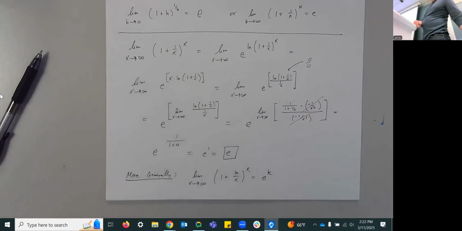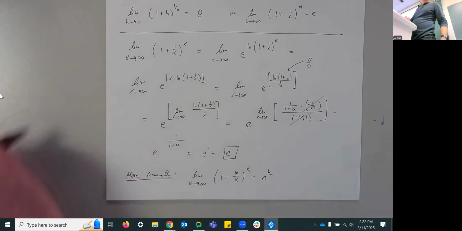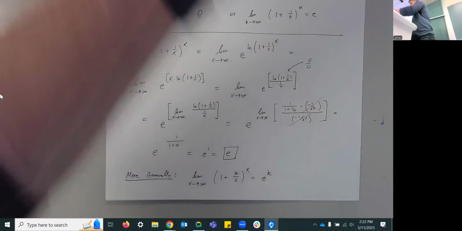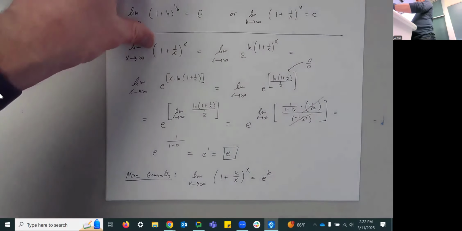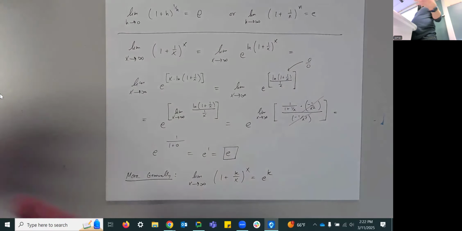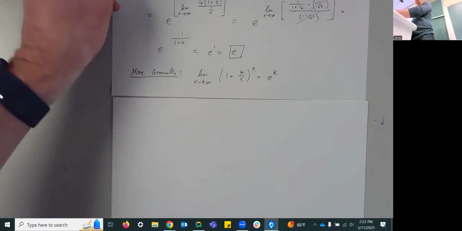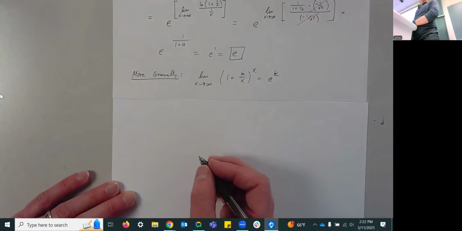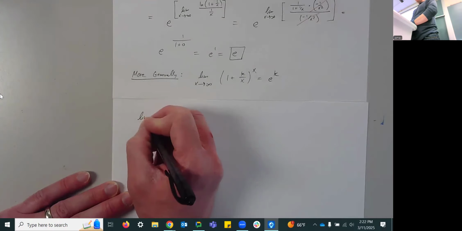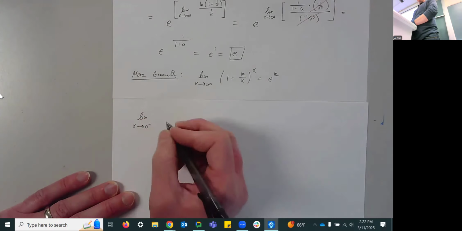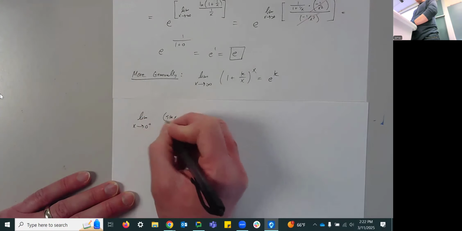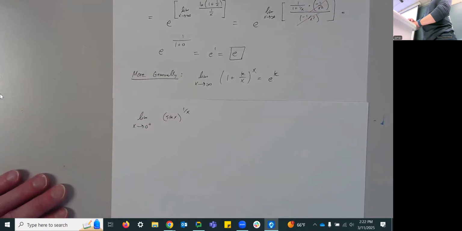Let's do another one where it's a little bit different. So let's look at yellow. This is the way I prefer to do it because I feel like it's less rewriting. But let me show you how other people approach a problem of a similar nature. Let's say we want to find the limit as x approaches 0 from the right of sine of x to the 1 over x.